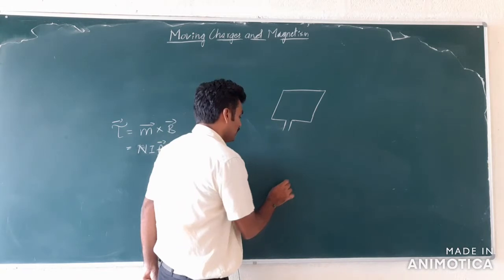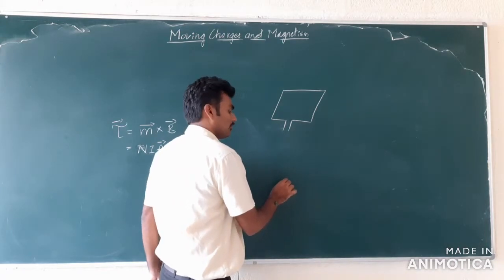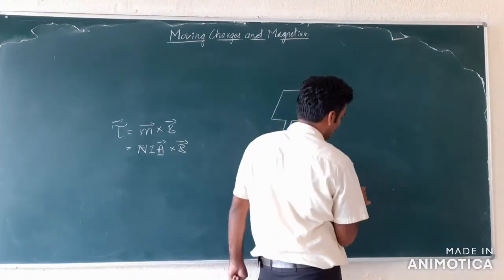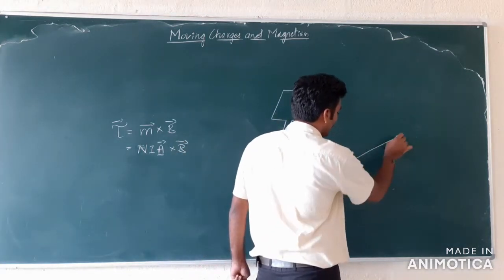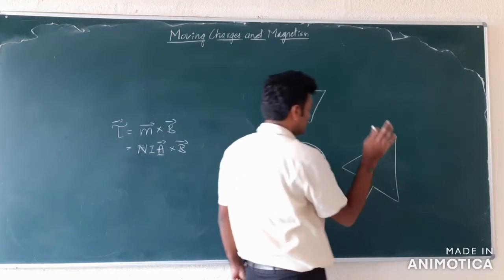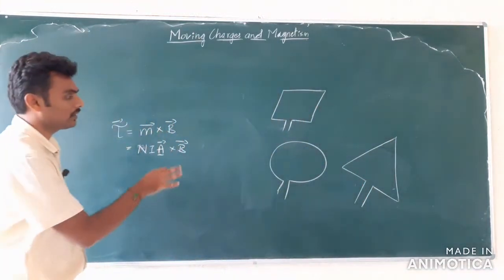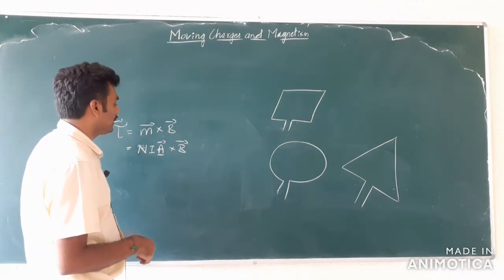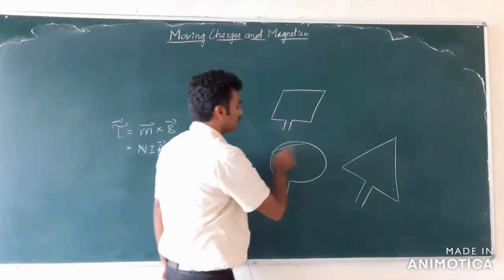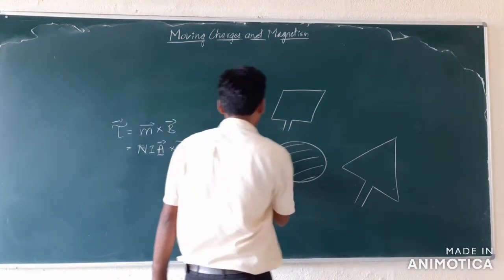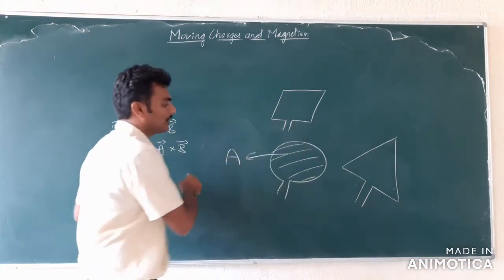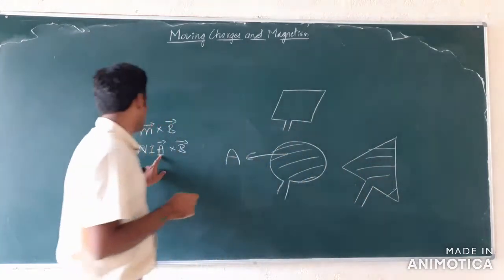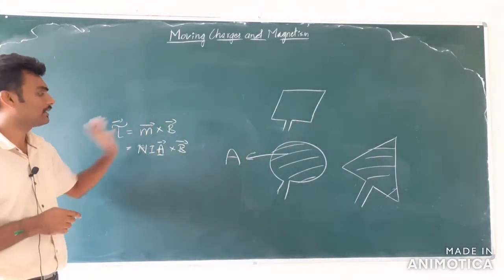We can have a coil of any shape: circular, triangular, any shape that I need. I can take a coil of any shape and pass current through it, and the area of that shall be taken here to simplify.